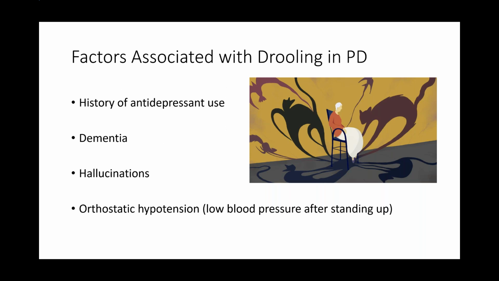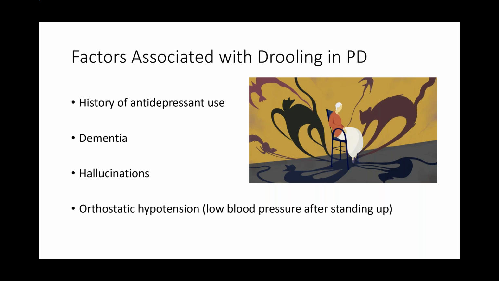There are some other factors, including dementia. So people who have dementia seem to have more likelihood of drooling, and this may impact how long they've had the illness, because dementia is usually something that happens in some individuals over many years of Parkinson's. Hallucinations are also associated, and hallucinations also typically occur as the disease progresses, and it's related to disease duration.